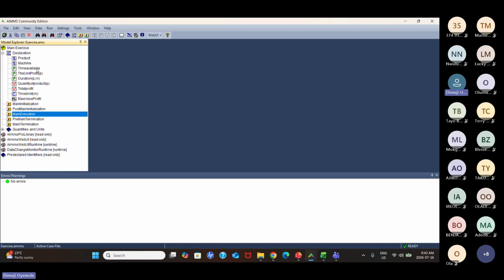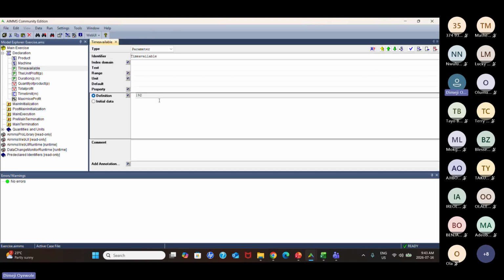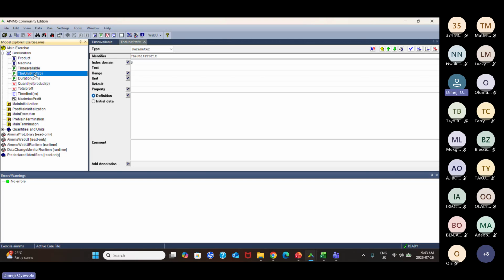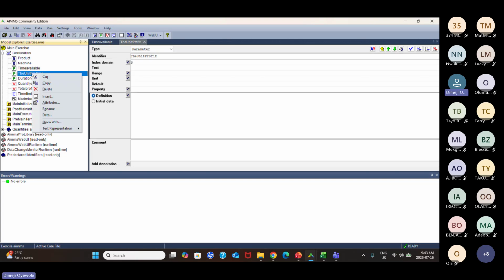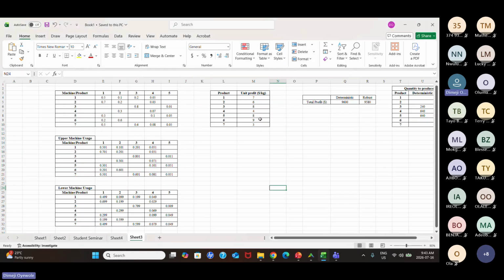So the next thing is for us to input the values, the parameters. So the time available, we already have 192 there. The unit profits, we have to input the parameters for it. So let's go to where we have it. We can just copy and paste.